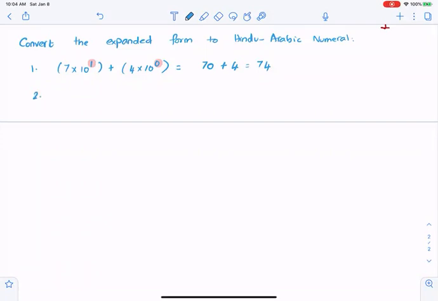The reason why I wanted you guys to be careful when it comes to looking at the number of terms in the expanded form is because of something like this. You would look at that and immediately say, oh, there are only 2 terms, so the answer must be in terms of tens.